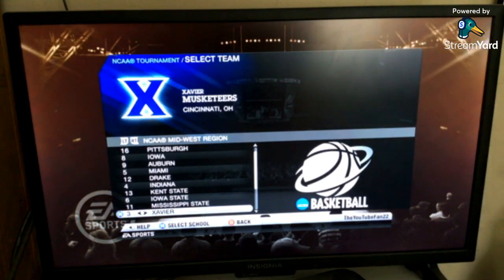Alrighty. At number 14 is Kennesaw State.